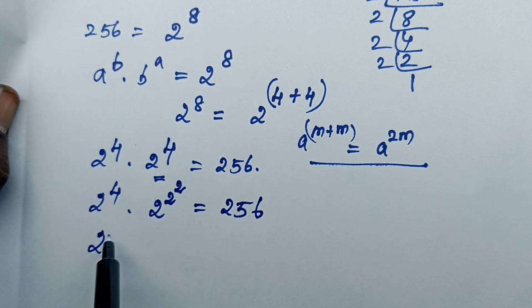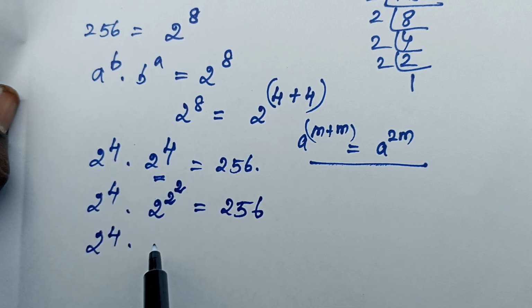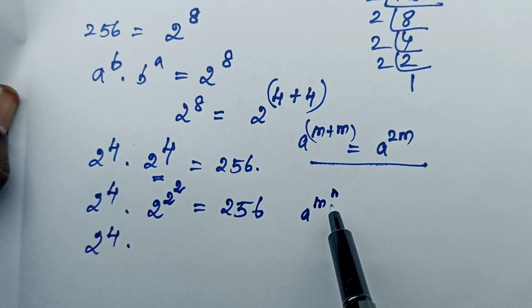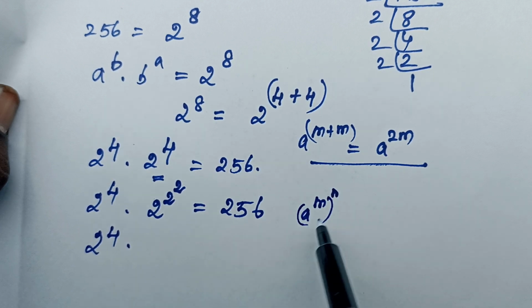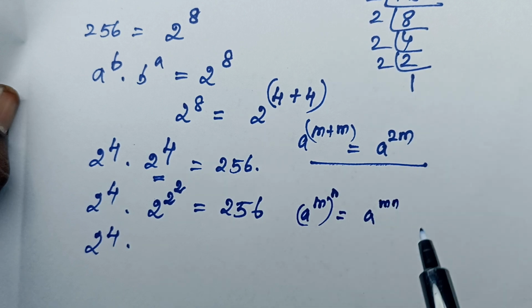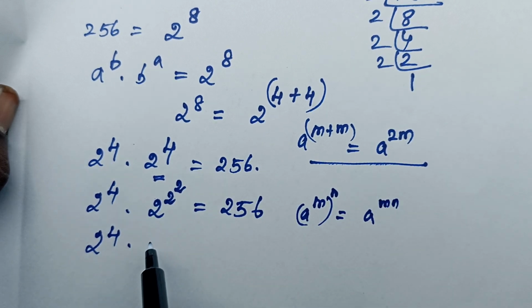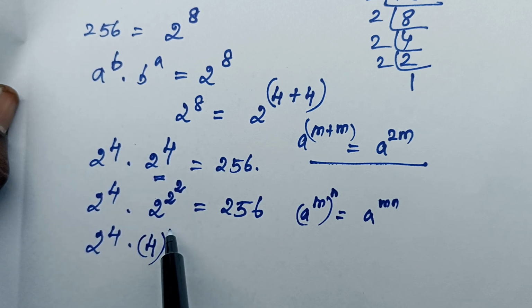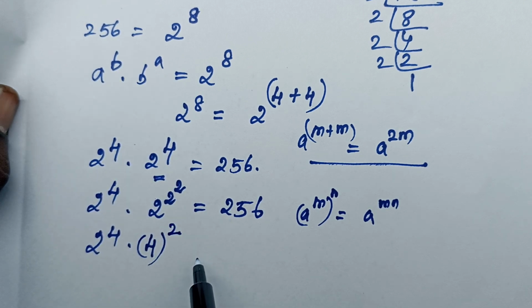So 2 power 4 into A power m power n equal to A power m and n. 2 power 2 equal to 4 power 2 equal to 256.